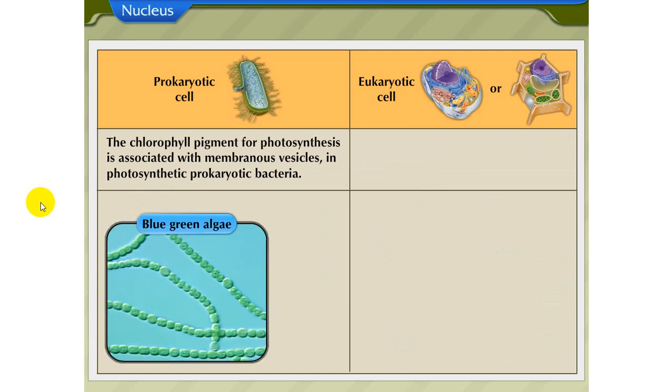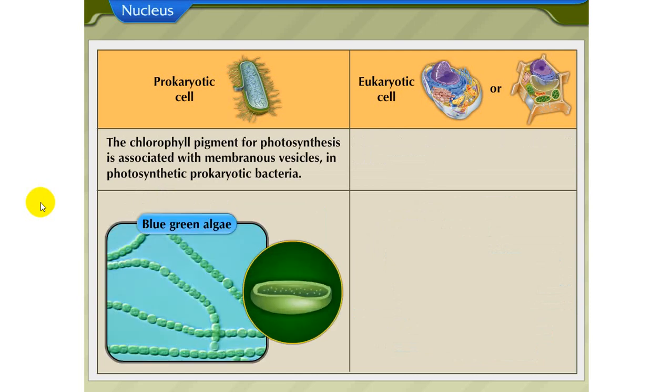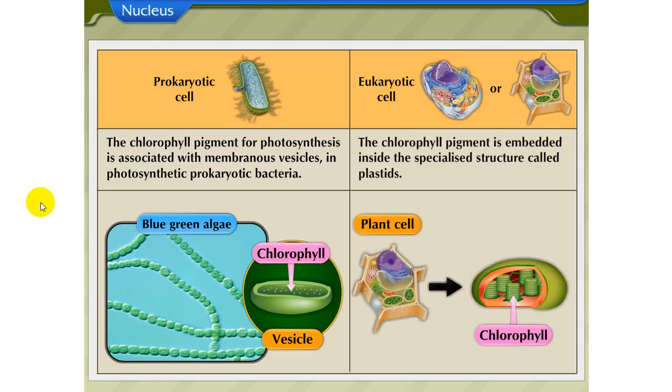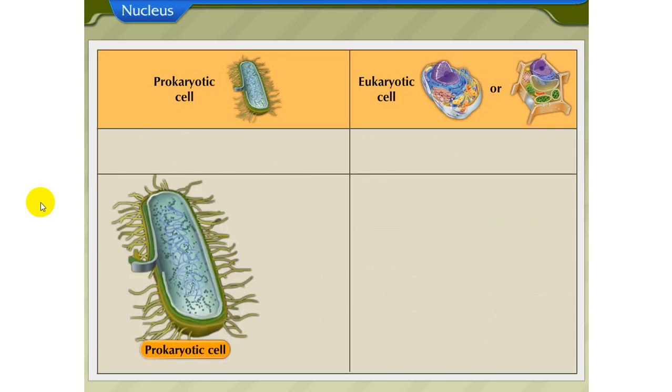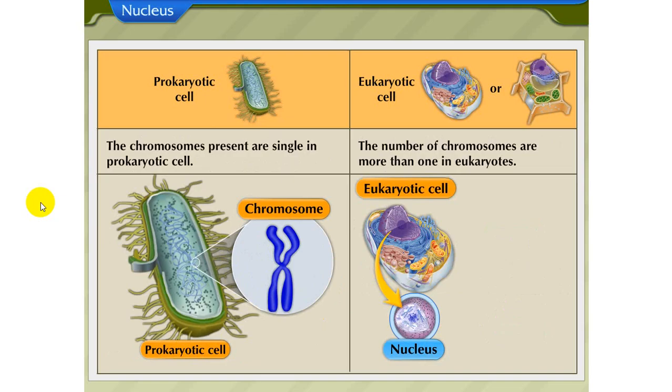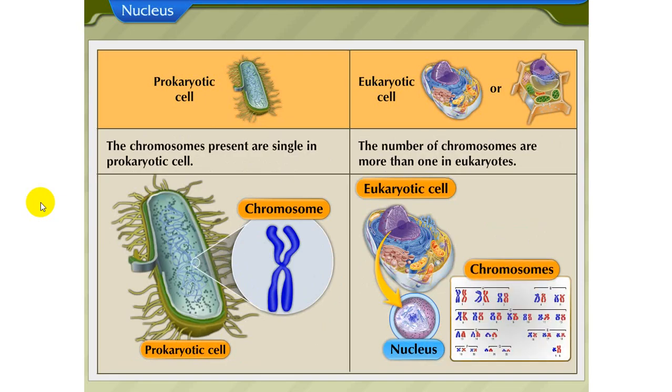In photosynthetic prokaryotic bacteria, the chlorophyll pigment for photosynthesis is associated with membranous vesicles, whereas in case of eukaryotes, the chlorophyll pigment is embedded inside the specialized structure called plastids. In prokaryotic cell, the chromosomes present are single, whereas in eukaryotes, the number of chromosomes are more than one.